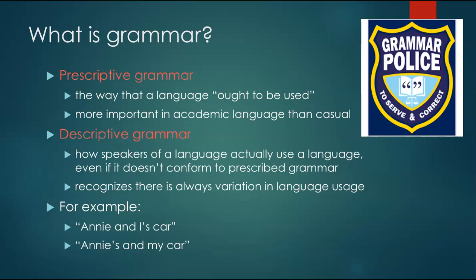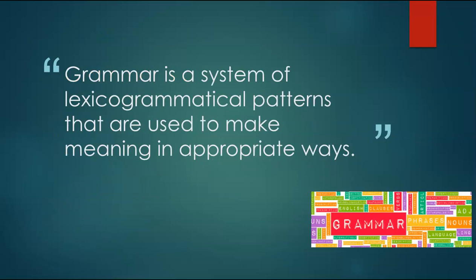It's a confusion of the subject and the object in those sentences. But a descriptive grammarian would say that switching them up doesn't really matter because people use language this way all the time and we understand what they mean. So I just wanted to present a couple of different ways of thinking about grammar that Larson Freeman describes.